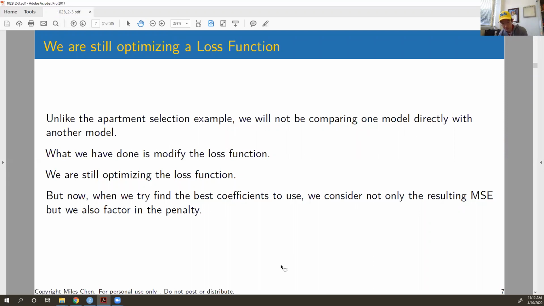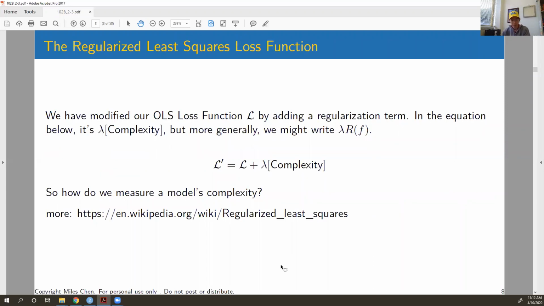That's what we're going to try to do. Here's a Wikipedia article, and what it comes down to is how do we measure complexity? That is given by the function R times F. But how do we measure complexity?